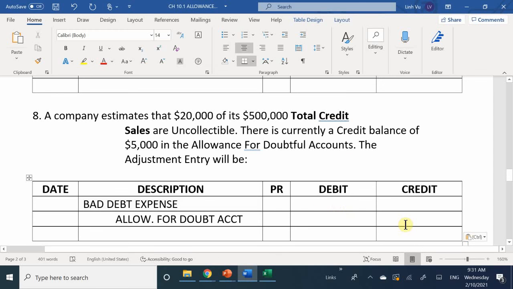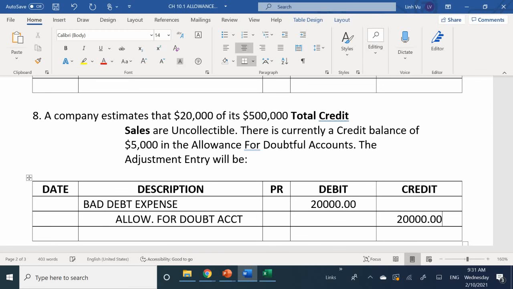So it's the bad debt expense, and then also allowance for doubtful accounts, and it is for 20,000. Good. This is the income statement method because we see the words total credit sales. Okay.